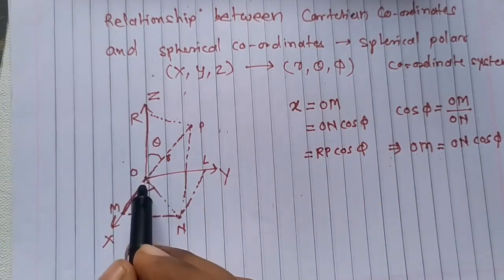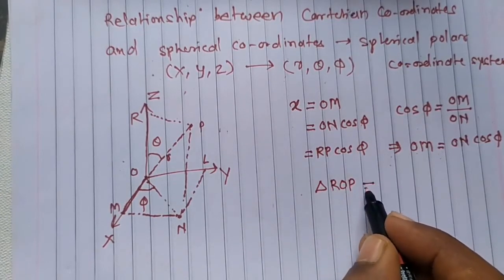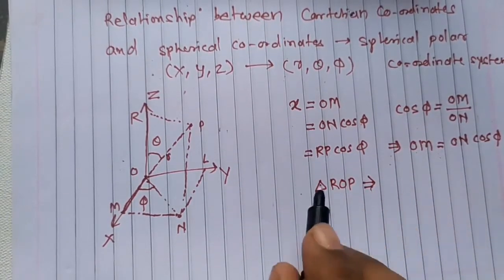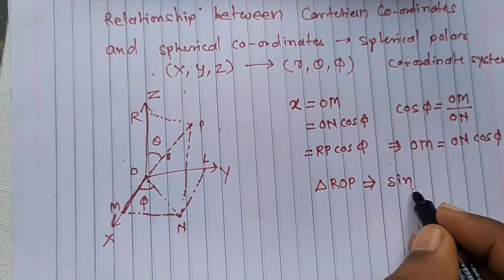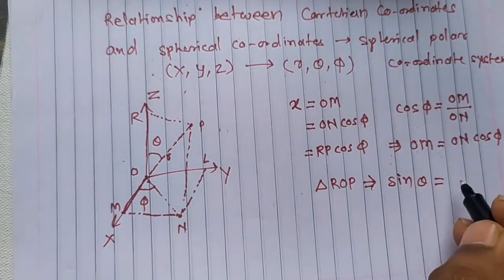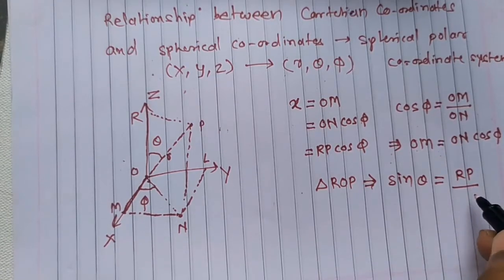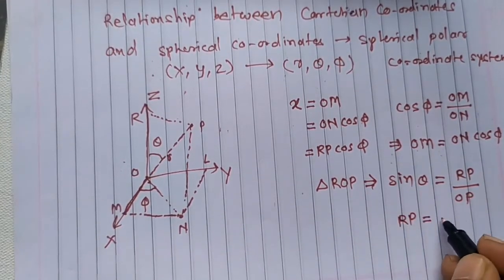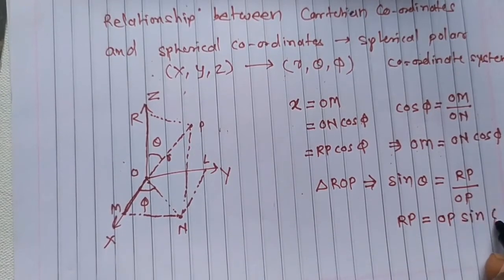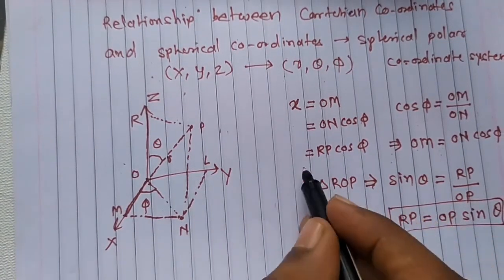Now in triangle ROP, sine of theta is equal to RP upon OP. This will give me RP is equal to OP sine of theta. I will use this here.